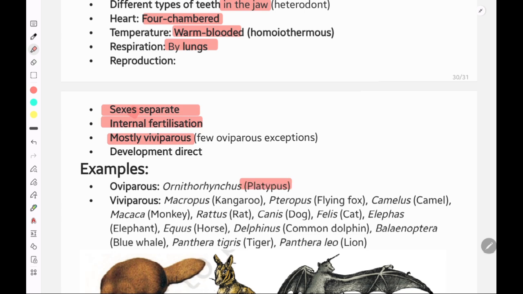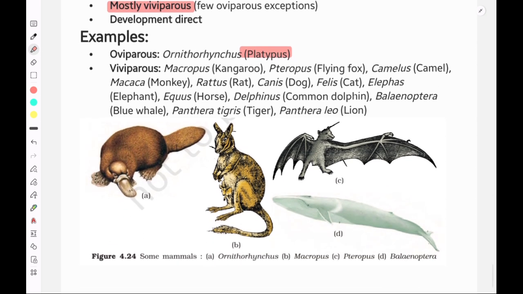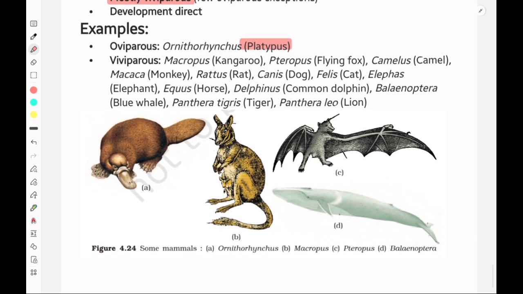Platypus is the oviparous example of mammals because it lays eggs. Rodents also come under this class. The monkey, camel, cat, dog, elephant, horse, common dolphin, lion, tiger, blue whale. They all come under mammals.